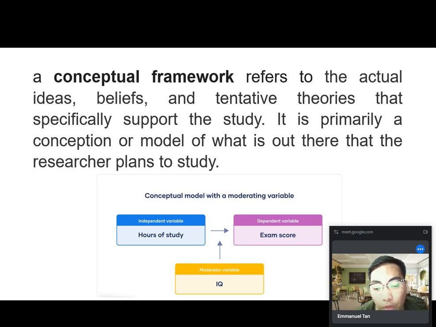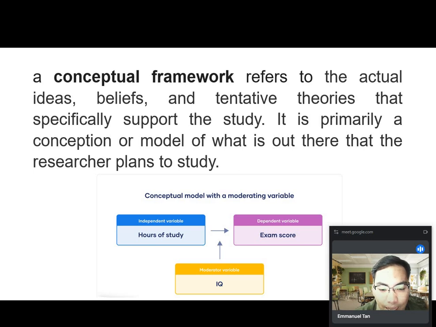So I'd like you to think of the relation of these rectangular boxes to each other. Pay attention to the arrow, where the arrow leads. Look at the hours of study directing to the exam score.